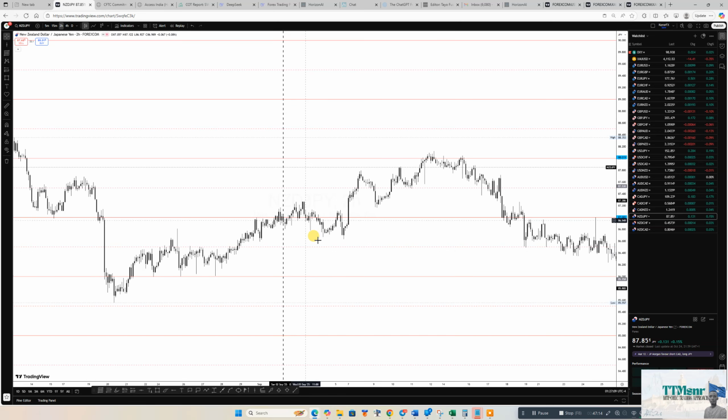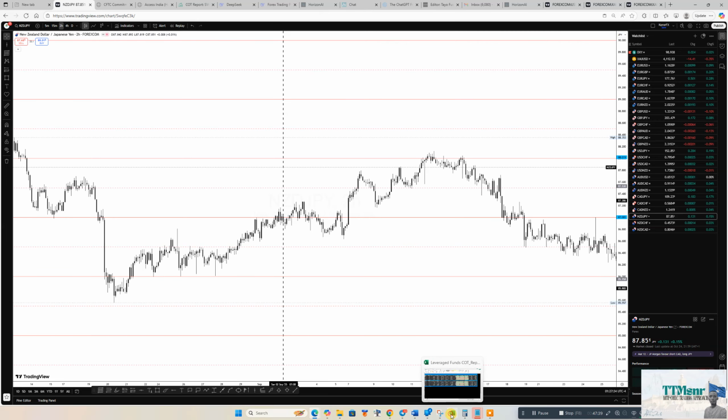But there are price action confirmations, volume confirmations, some technical analysis you will apply. Look here that the market started buying or pushing to the upside from this region, and then it started going up since JPY is weak and NZD is strong.